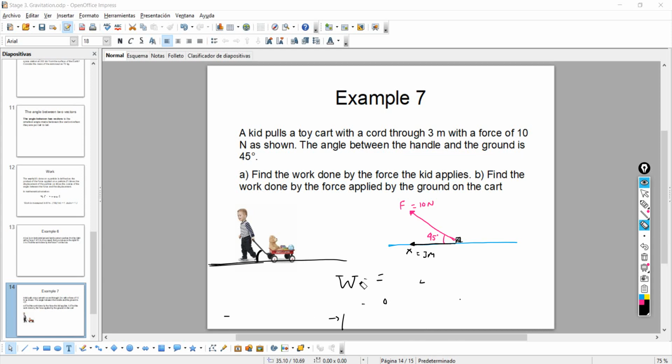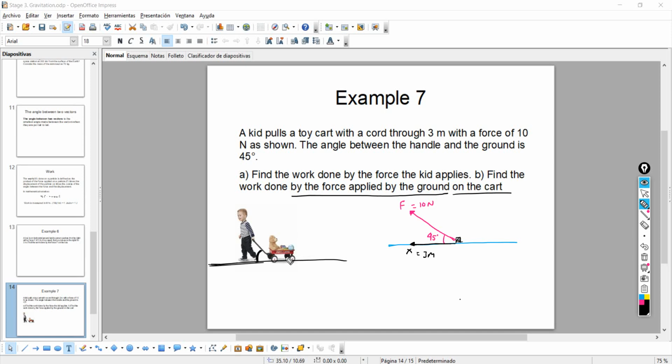If you look at question B, it is asking me to find the work done by the force applied by the ground on the cart. I'm going to repeat: find the work done by the force applied by the ground on the cart. Why am I saying this? Because the cart is being subjected to not only this force that the kid is applying, but also to other forces.